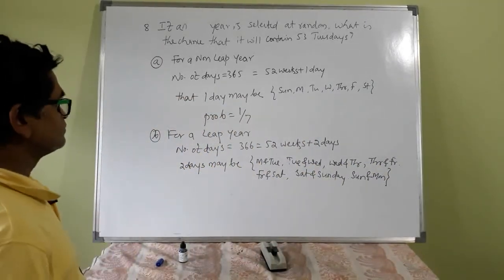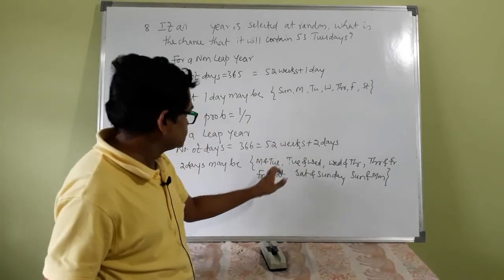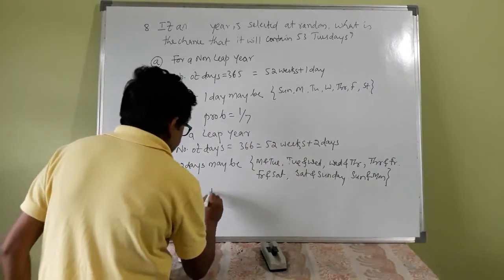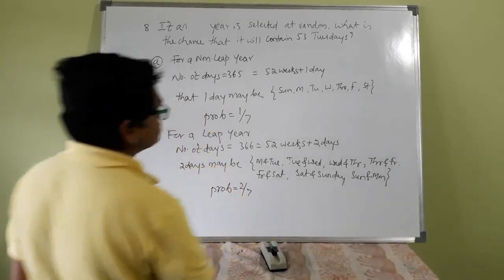Again that repeats. So among these pairs, how many contain Tuesday? 2. So the probability here is 2 by 7.